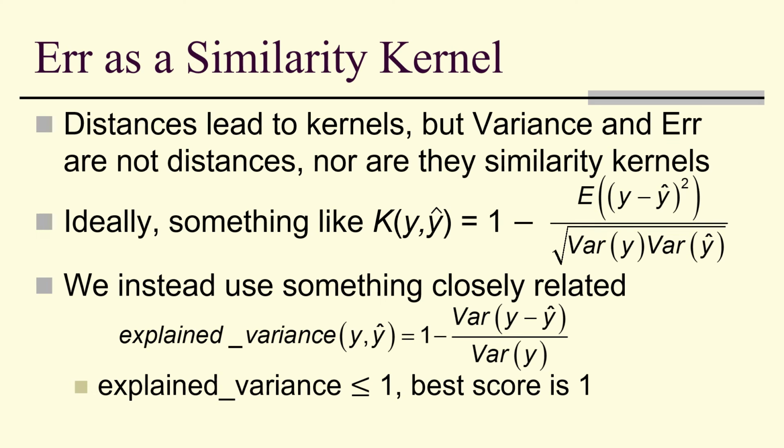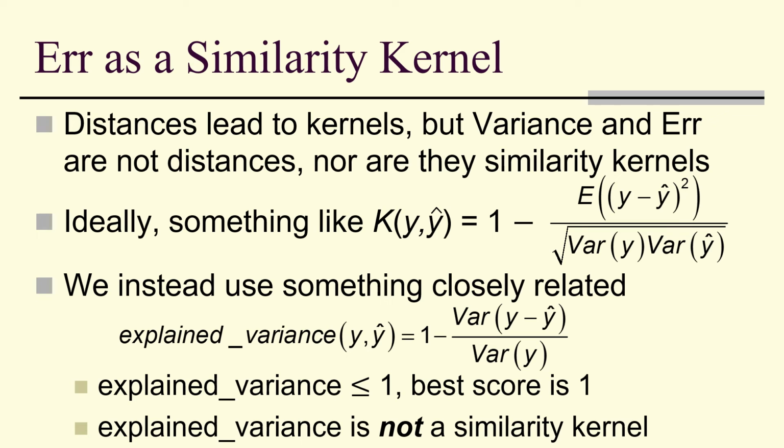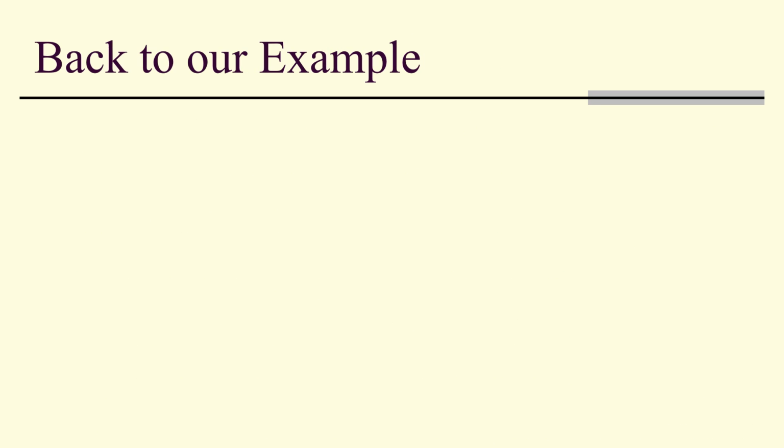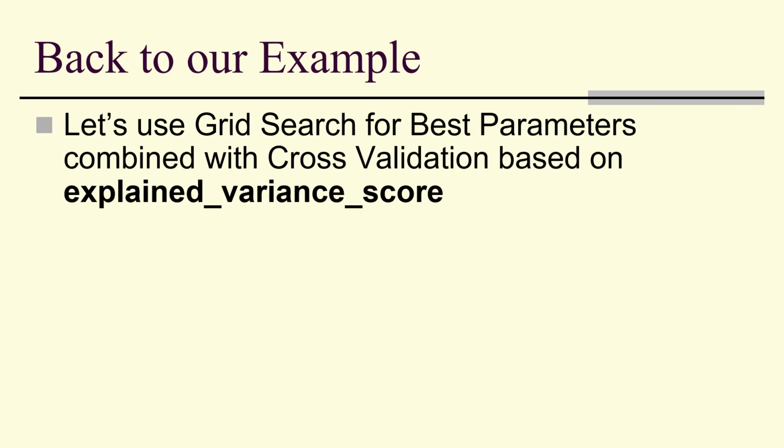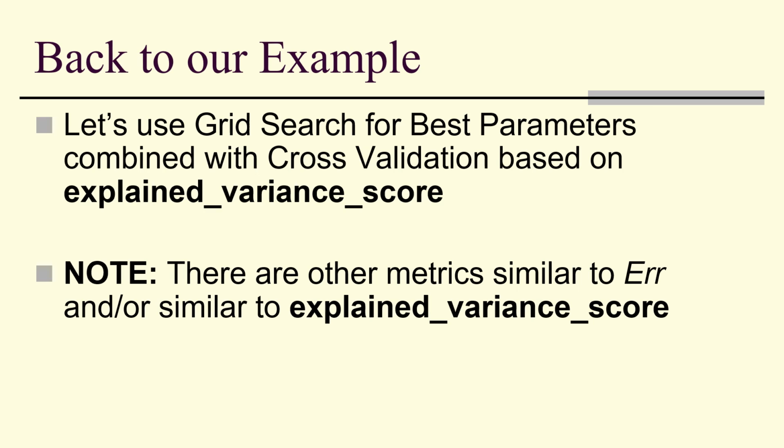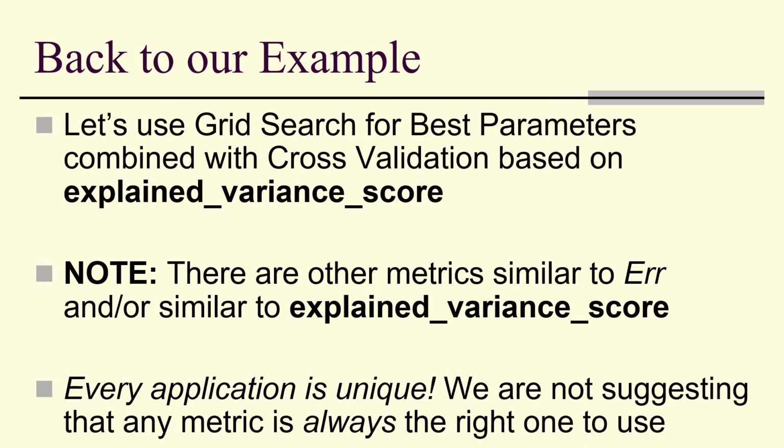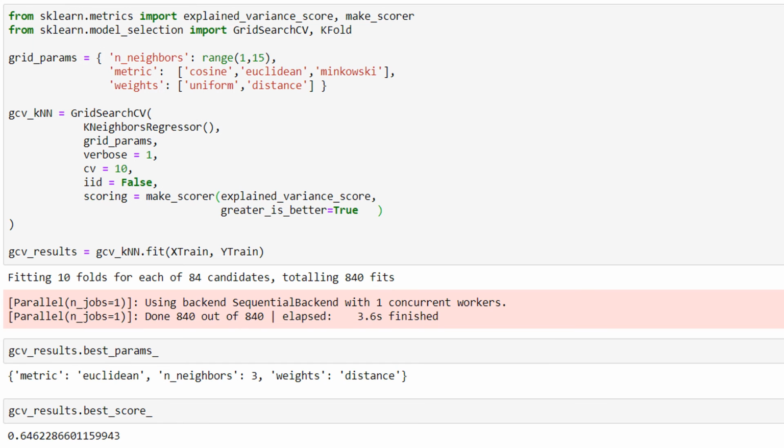The best score is 1, but it's not a similarity kernel because it's not symmetric. If we go back to our example, we'll use the grid search now with cross-validation based on explained variance. There are other metrics similar to error and explained variance score. Remember, every application is unique. We're not suggesting that any metric is always the right one to use.